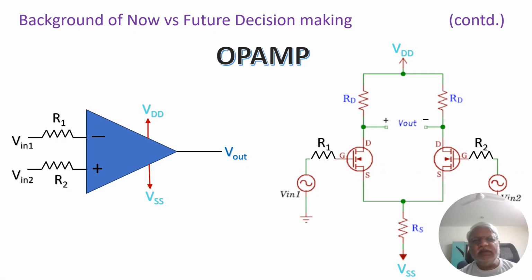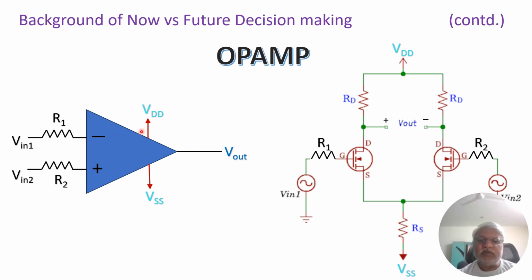Before going to the specific topic of interest, I would like to consider the most well-known circuit, the op-amp, operational amplifier. This is the symbolic diagram, where Vin1 is the input, Vin2 is another input, Vout is the output.